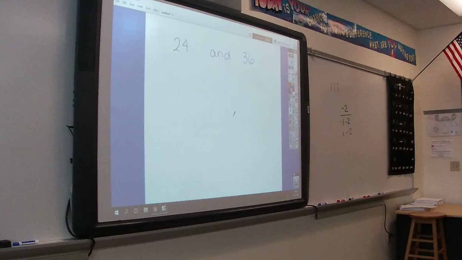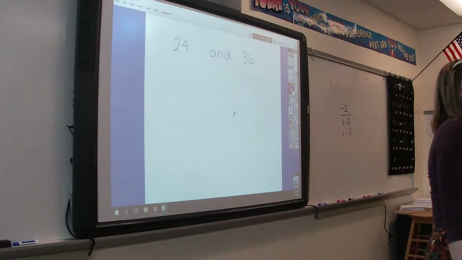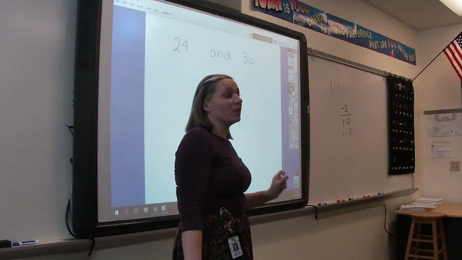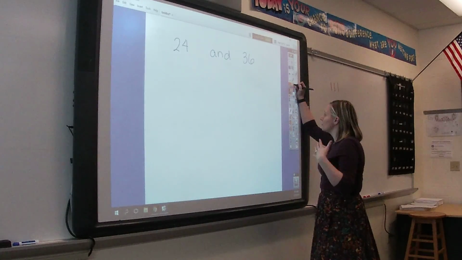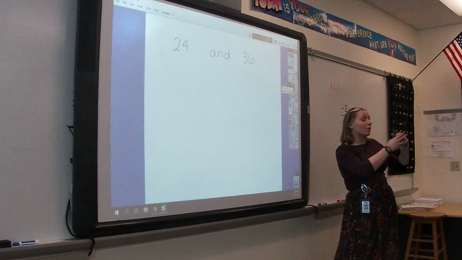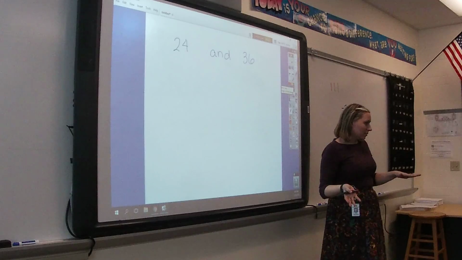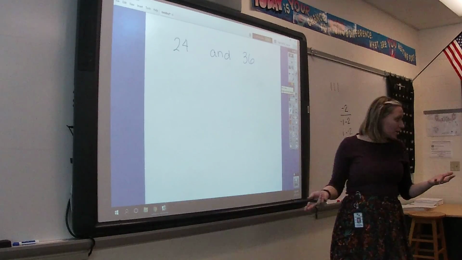We need to make sure when we are finding the GCF, we are actually finding the largest number. Here's how we're going to check. Let's pretend that we're all agreeing that we see 6, which is what several of us saw to start with.